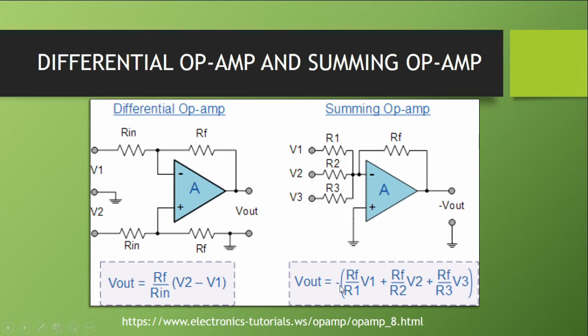The gain is equal to negative times the quantity RF. Actually, we can put RF outside since RF is common to each term. You can just factor out RF: negative RF times V1 over R1 plus V2 over R2 plus V3 over R3.